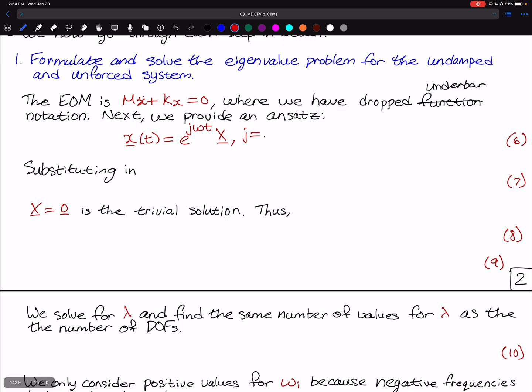J here is equal to the square root of -1. And then from there, we can find the acceleration vector, which will be equal to minus omega squared e to the j omega t times the amplitude vector.